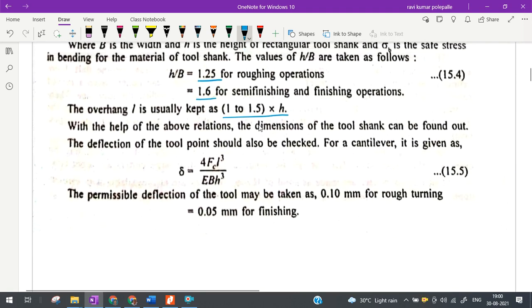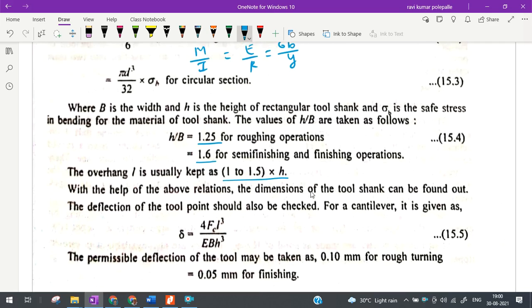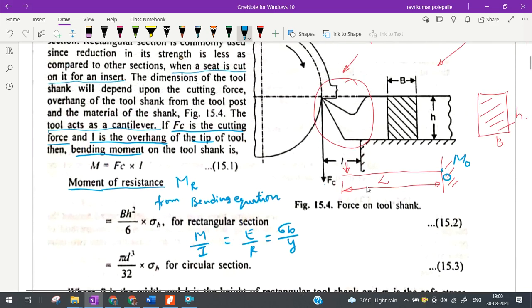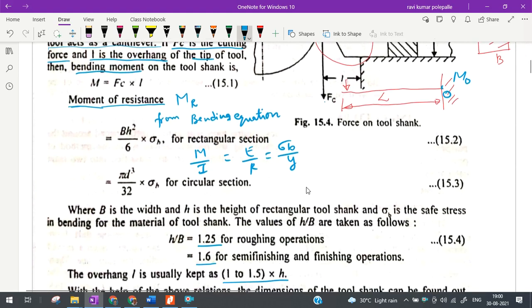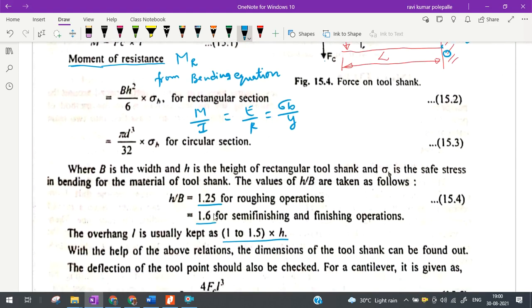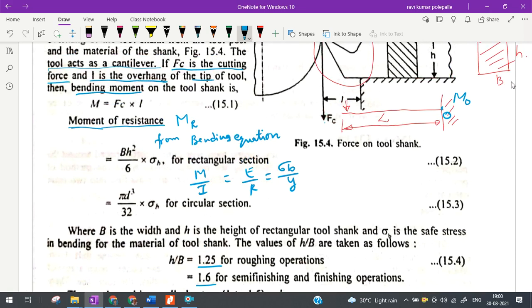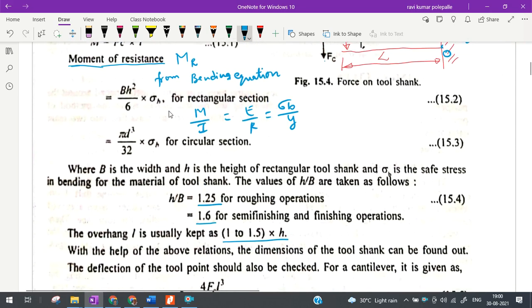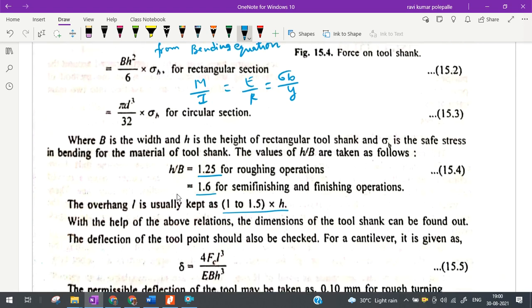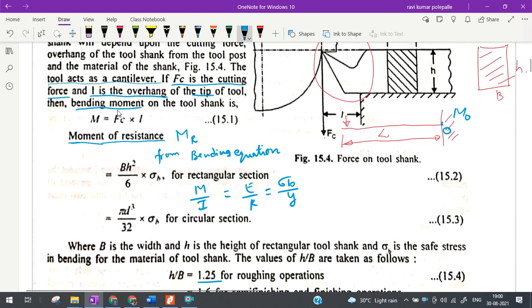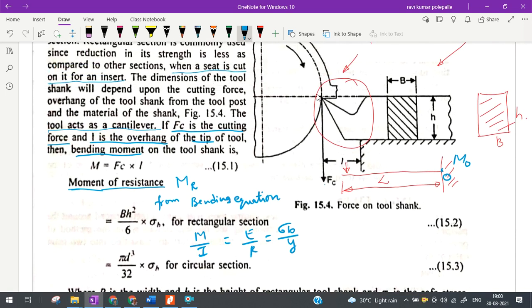So with the help of these relations, the dimensions of the tool shank are B and H, and of course L. When I talk about L, it is generally kept as a value of H. So what I need to obtain is nothing but H and B. If I have an allowable value of sigma b, that means the allowable bending stress, I can calculate the value of H and B, right? By calculating the cutting force Fc.